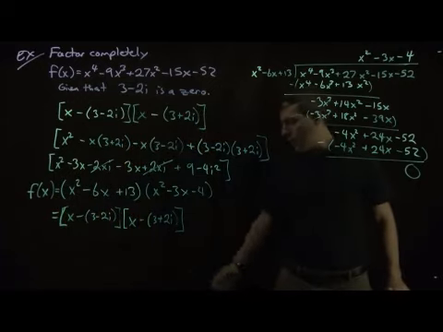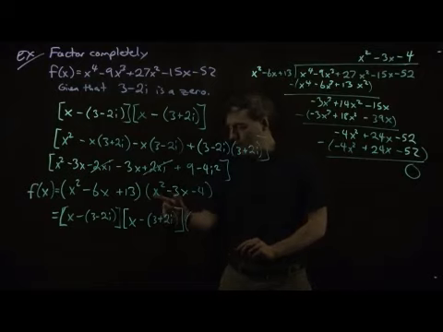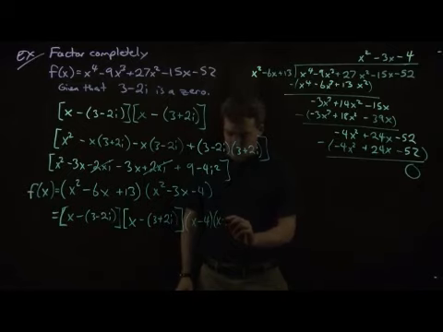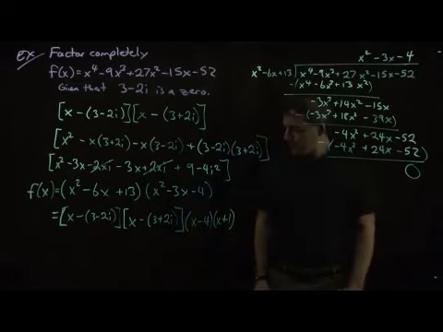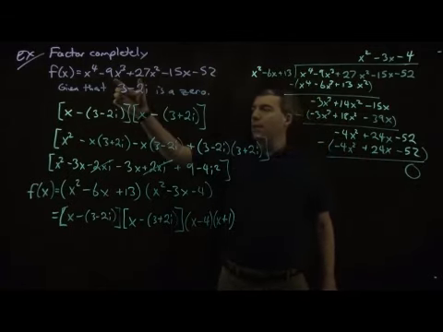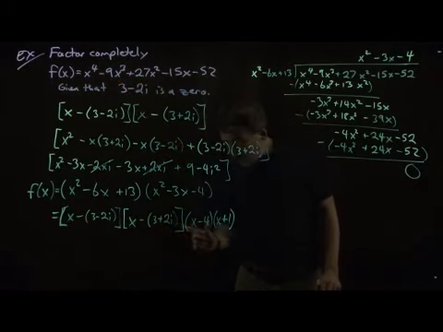And now we will factor this. Looks like we have x minus 4 and x plus 1. All right, so we've taken our 4th degree polynomial and we have factored it, and here we have our 4 factors.